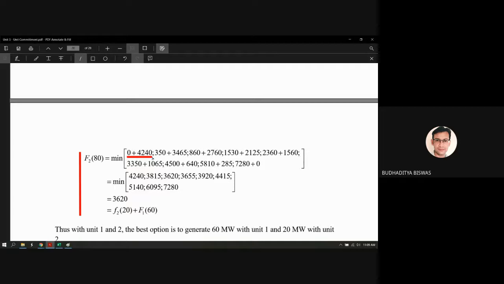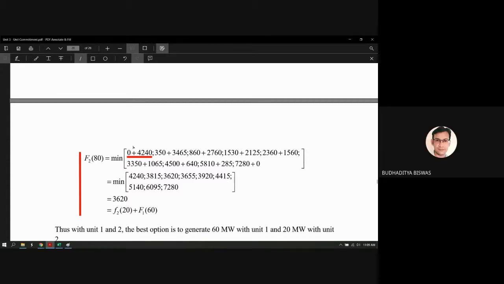What is the meaning of this one? First, 0. 0 means how much money is required to produce 0 megawatt using unit 1? Understand this, otherwise there will be trouble later. How much cost is involved to produce 0 megawatt using unit 1? No cost.